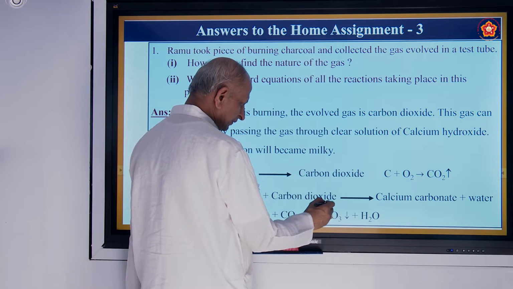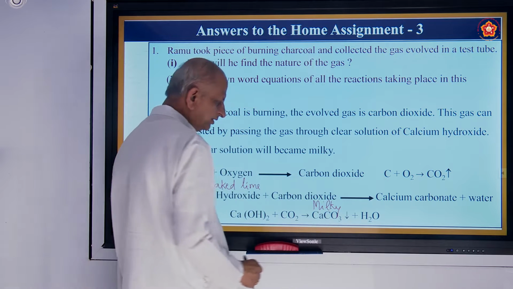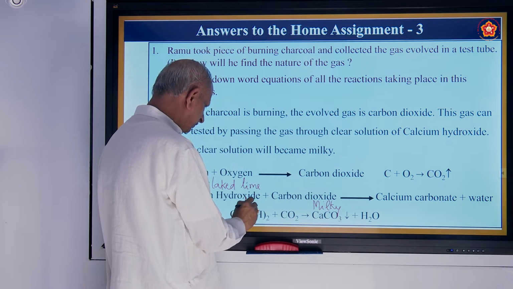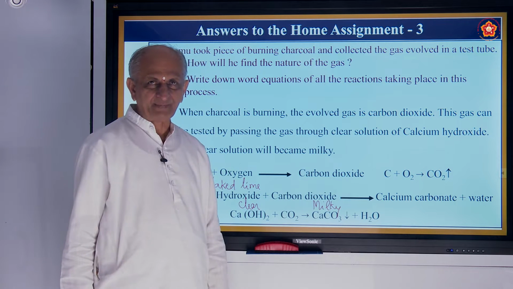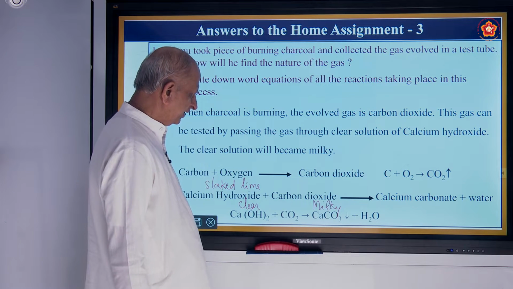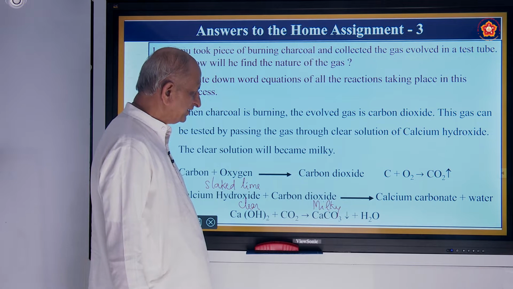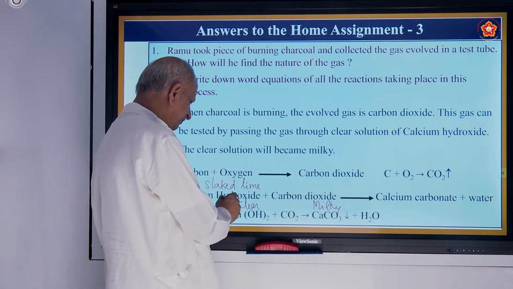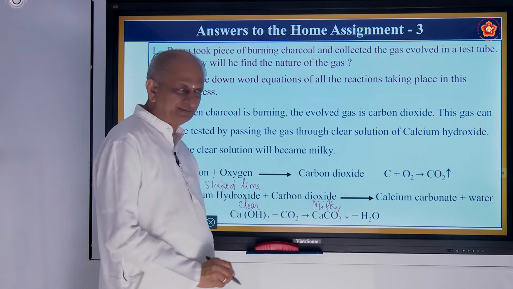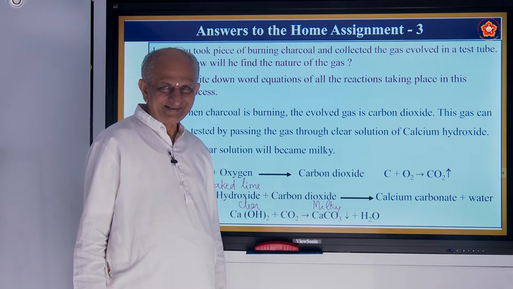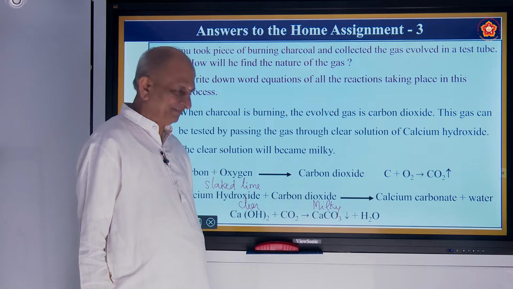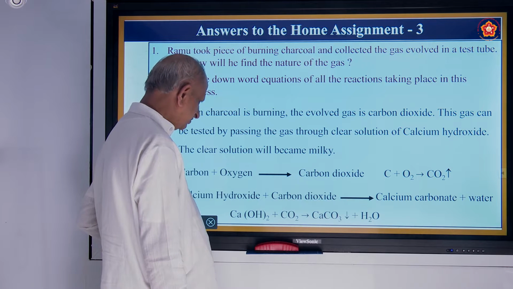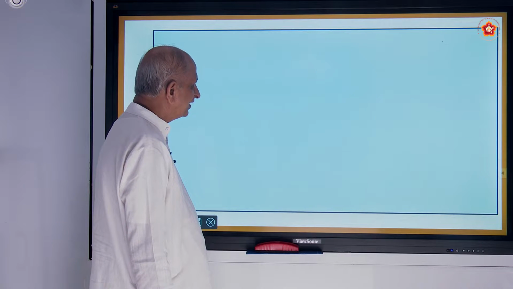When carbon dioxide is passed through it, it becomes milky because of the presence of carbon dioxide. Okay. So this is a very interesting reaction. You can try it at home also, because in most houses they have calcium hydroxide. Correct? It's called slaked lime. So when you pass carbon dioxide, it becomes milky in nature.